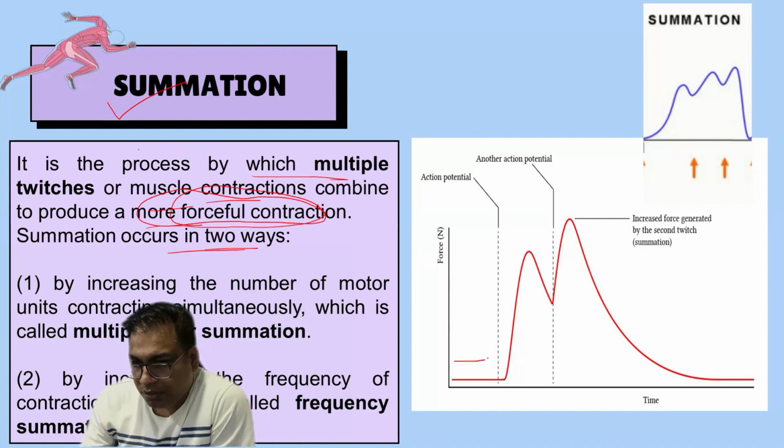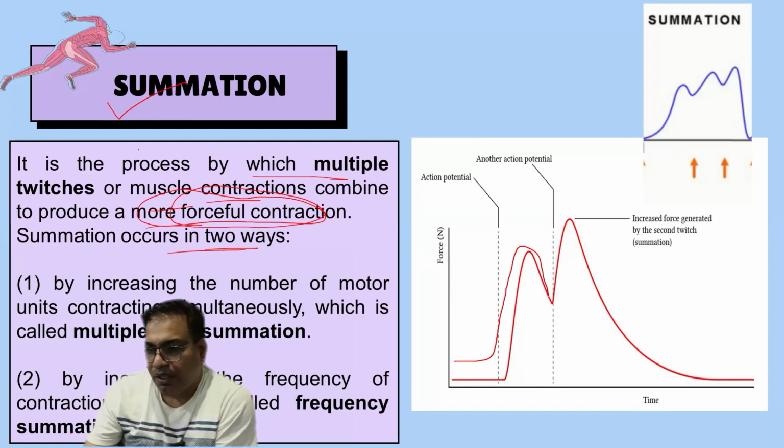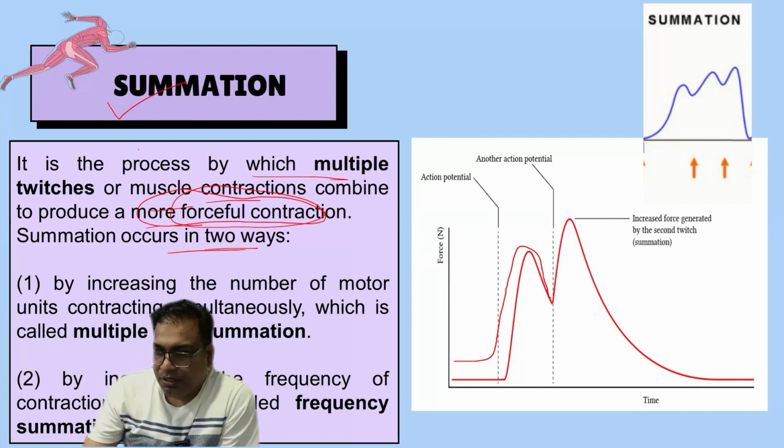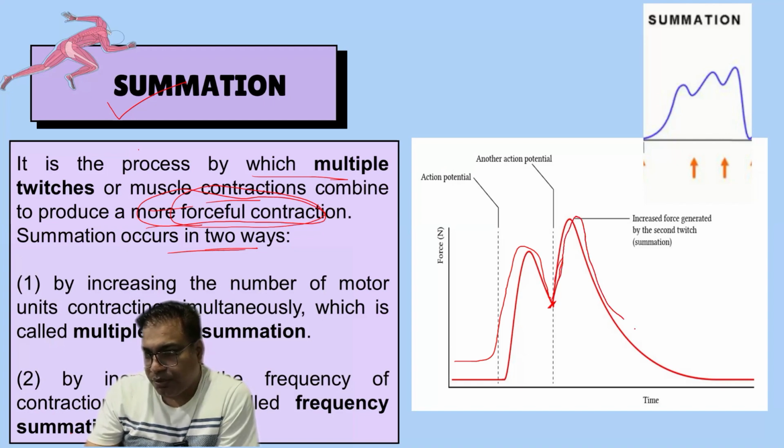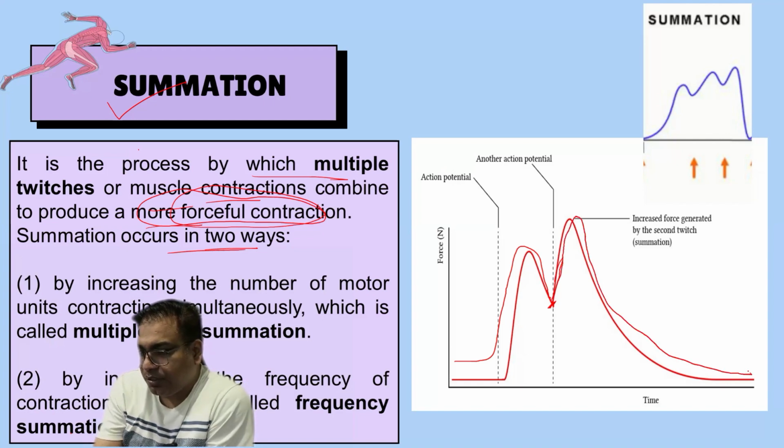Basically, this one is the contraction period and this one is the relaxation period. But in case of summation, the second stimulus is applied in the relaxation phase. So here the curve starts from there, achieves higher amplitude, and completes its relaxation period.